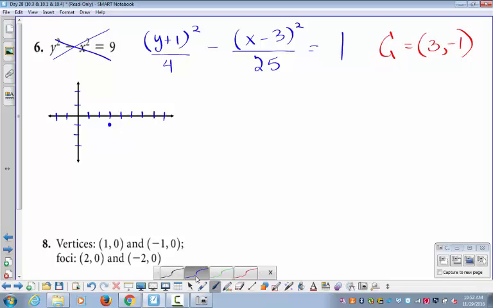Any questions on your fundamental rectangle? Under the y's, you have a 4, so you're going to go up 2 and down 2. Under the x's, you have a 25, so you're going to go right 5 and left 5.